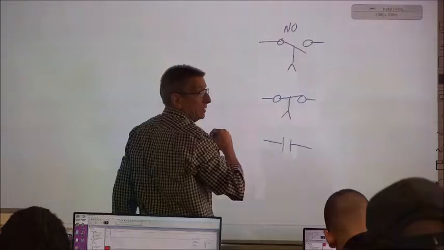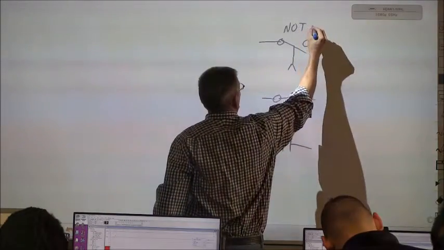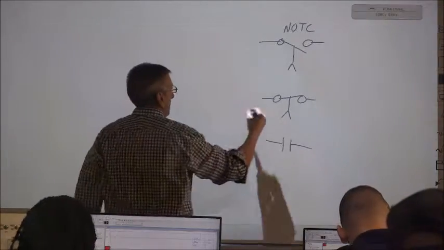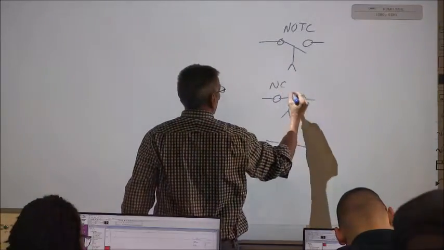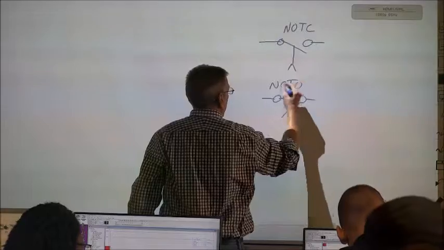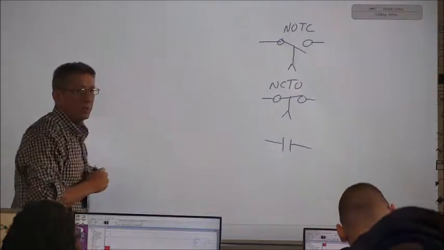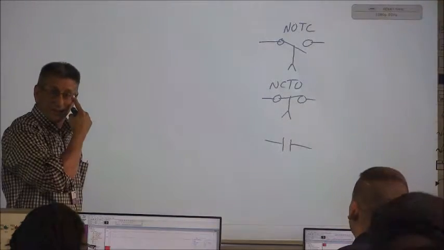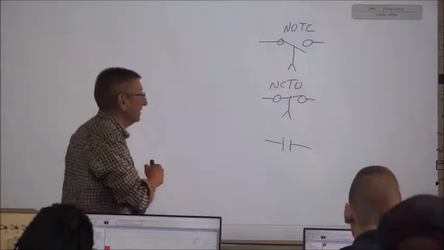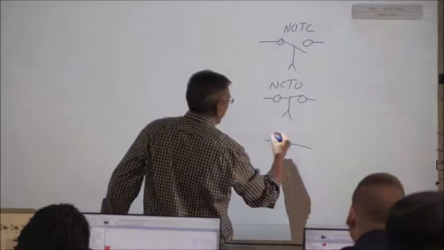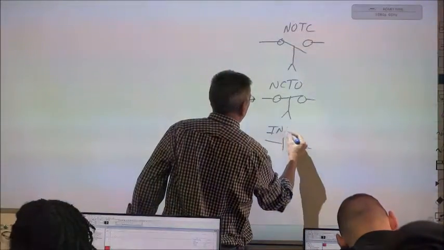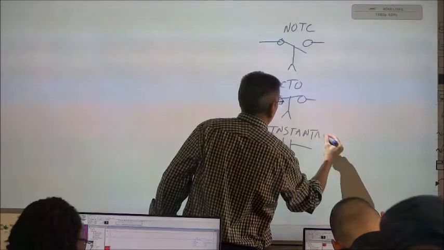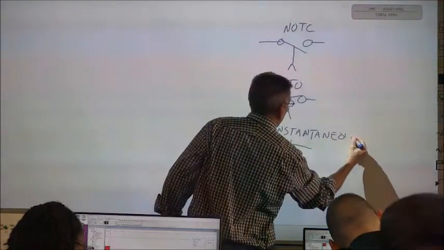Normally open, time closed. Yes. How about the next one? Normally closed, time open. And the other one? Instantaneous. Don't put instant on your test and you'll get it wrong. It's instantaneous.